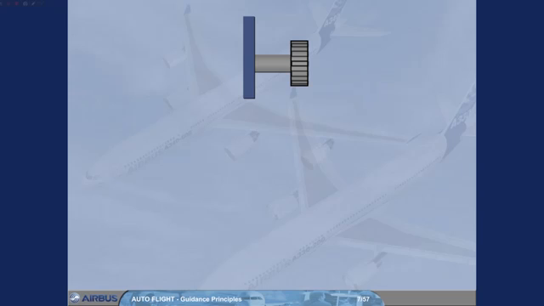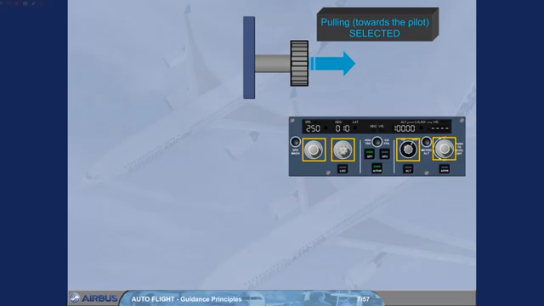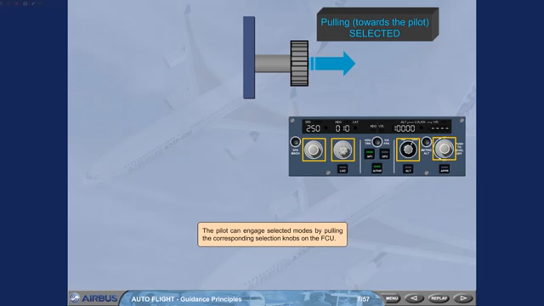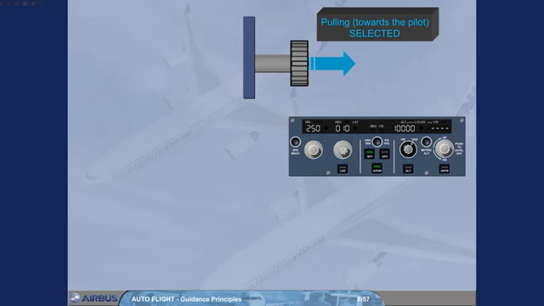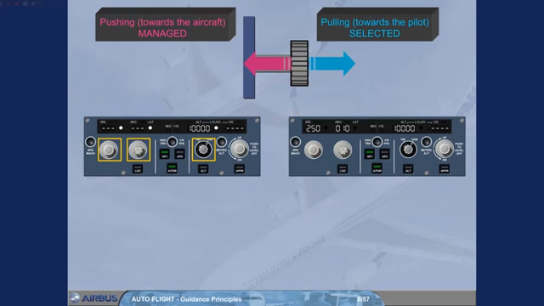The pilot can engage selected modes by pulling the corresponding selection knobs on the FCU. The pilot can engage managed modes by pushing the appropriate selection knobs on the FCU.